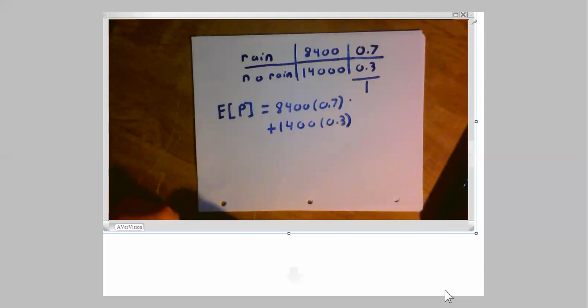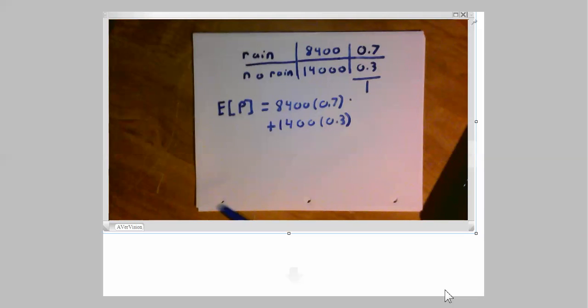Now you can go ahead and do this in your calculator if you like, or multiply it out. To me, it doesn't matter. And just give me 1 second here.